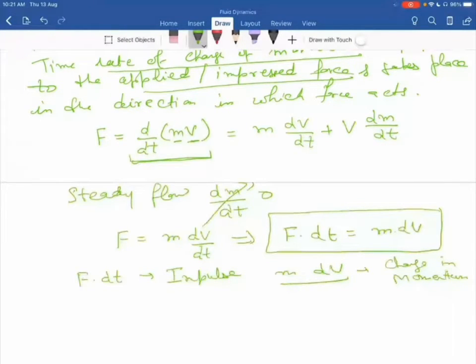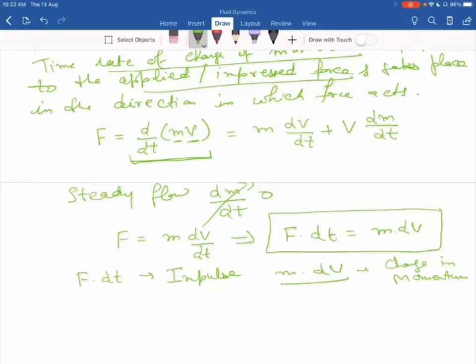Now impulse means the applied force in a unit time, in a short period of time. So impulse is equal to the change in momentum. Okay. So this is the impulse momentum equation. If I write it in the form of a statement, that becomes the impulse momentum theorem.